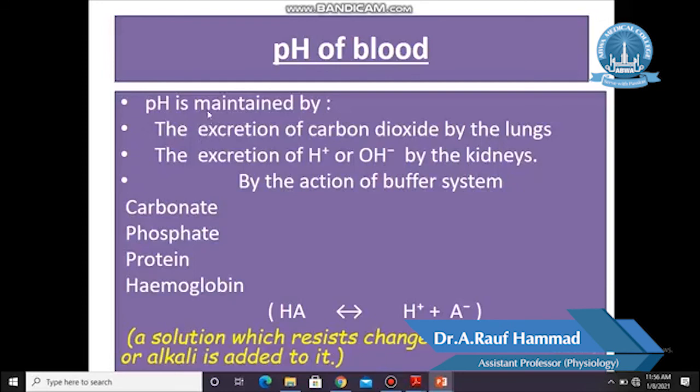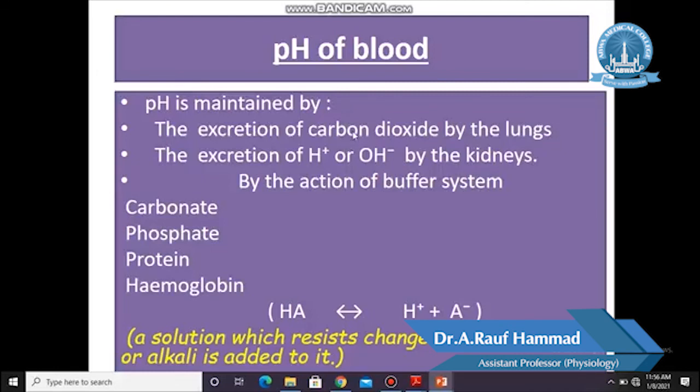And this is maintained by excretion of carbon dioxide by the lungs. दो तरीकों से, लंग्स और किडनीज की वजह से. लंग्स कार्बन डाइऑक्साइड को बाहर निकाल देंगे और किडनीज हाइड्रोजन आयंस को बाहर निकालेंगे. And it is maintained by the action of the buffer system.